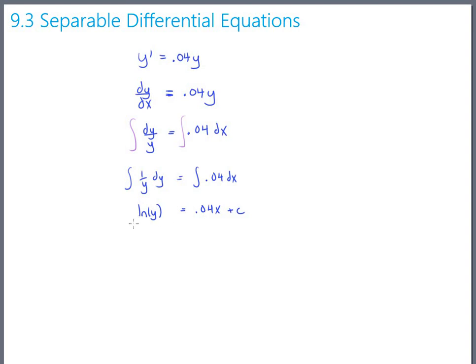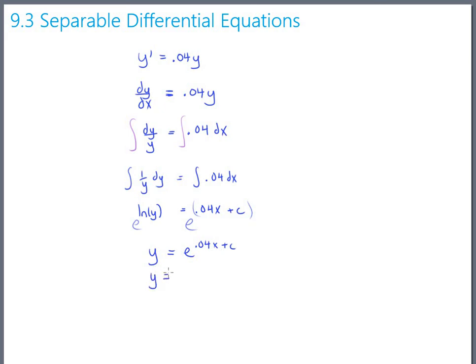So let's exponentiate both sides. E to that power and e to that power. So e and natural log cancel each other. You get y equals e to the 0.04x plus c. The plus c is in the exponent. This whole thing is exponent. And we can simplify just a little bit algebraically here.